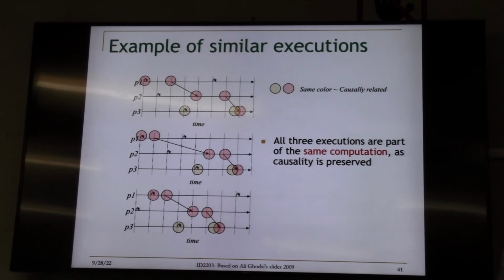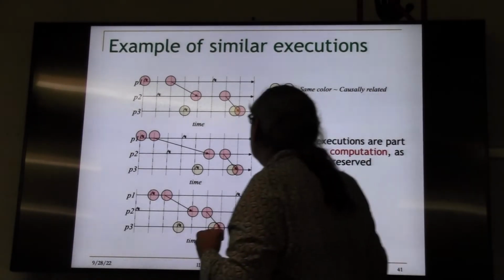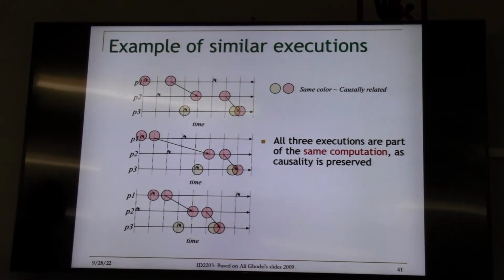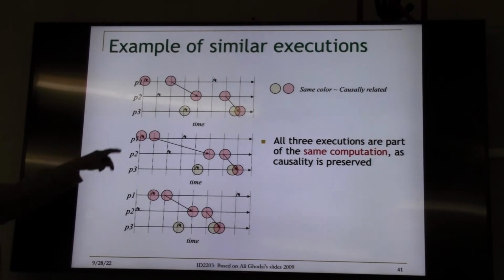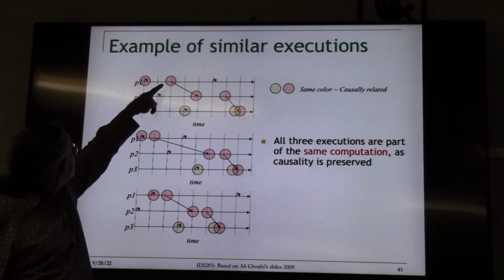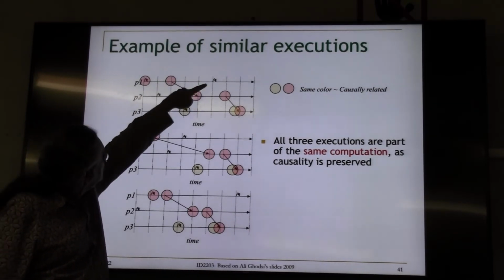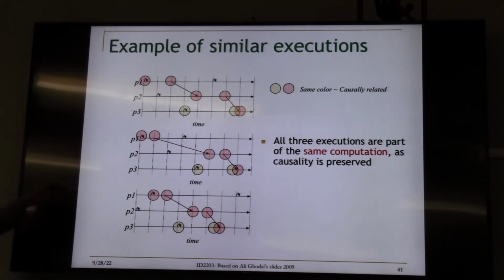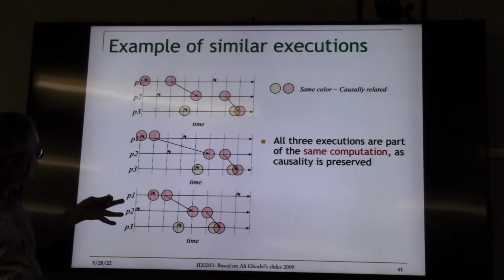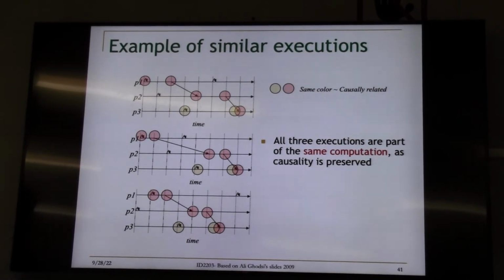So here are some examples. It's important to get the intuition of this. Here I have three executions. All these are events, but they're somehow in a different order. But these three executions are actually similar to each other.